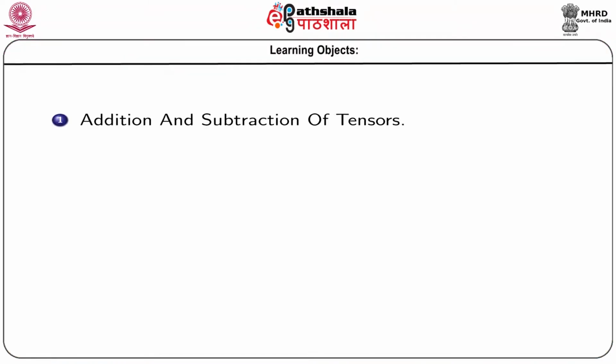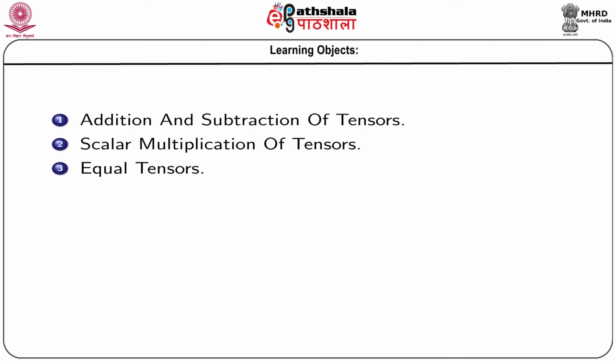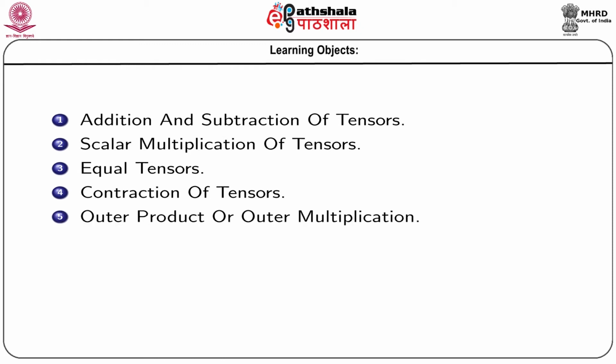So, in chapter 2, module number 1, we shall learn firstly the addition and subtraction of tensors, scalar multiplication of tensors, that means a tensor will be multiplied by a scalar and what will be its form, equal tensors, what are the equal tensors, contraction of tensors, which is very important for the tensor algebra, and outer product or outer multiplication of tensors.